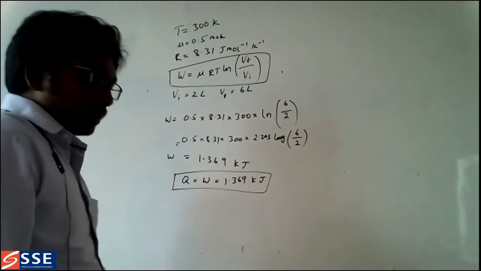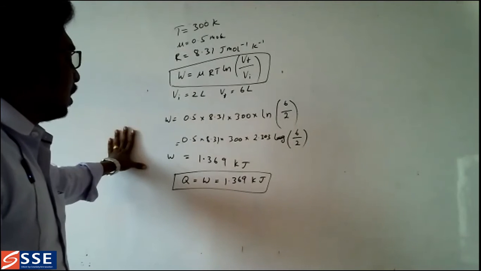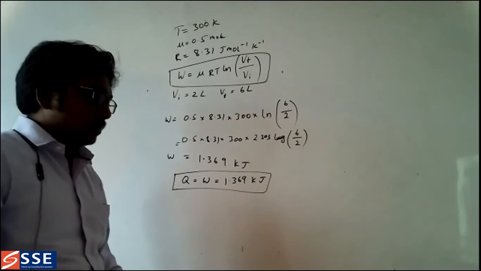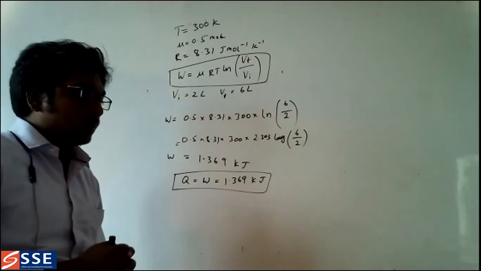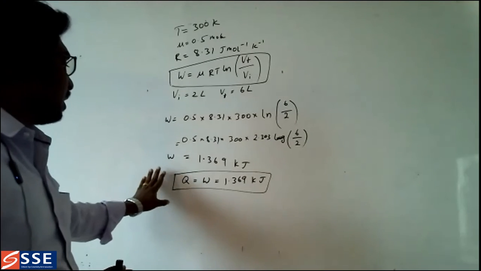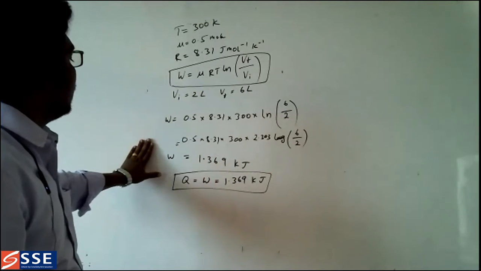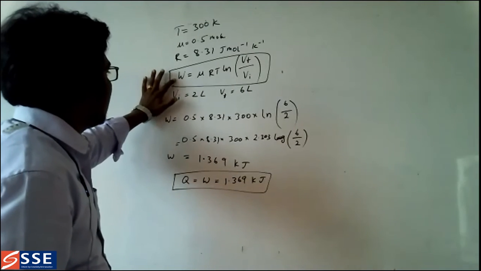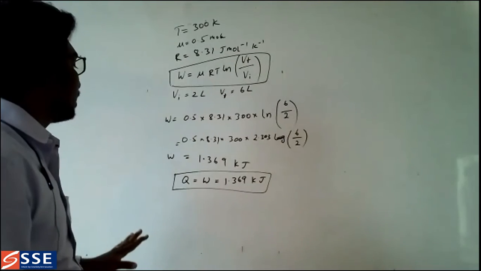In some problems, they will ask to estimate the heat added to the gas, but they will give only this data. We will get data for mu, R, T only.